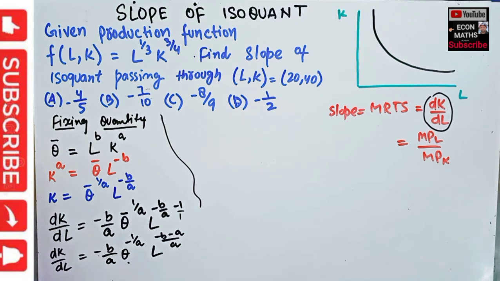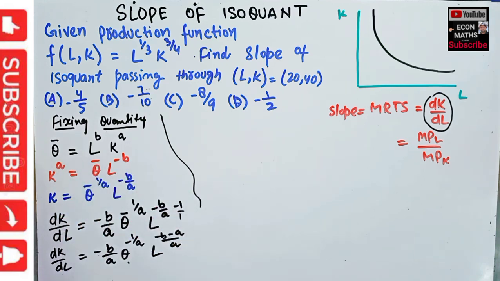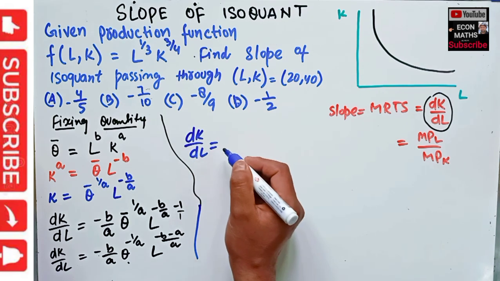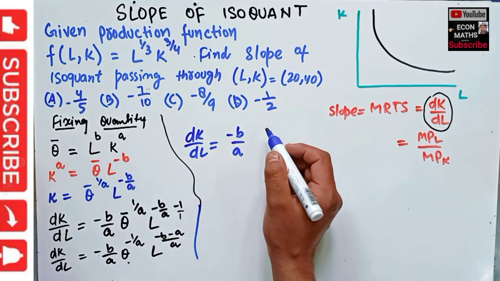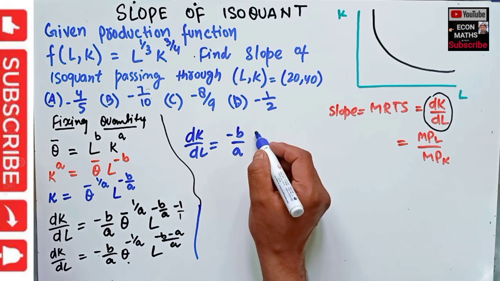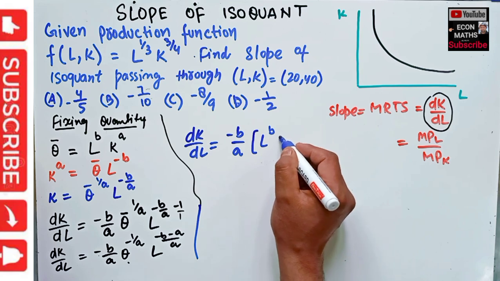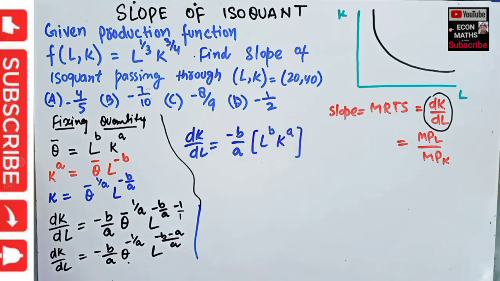Now let's give the value of q, since q is equal to this stuff. Let me write it here. So our dk upon dl will be equal to minus b divided by a. In place of q, we have L to the power b, K to the power a, raised to the power, so it is here bar.